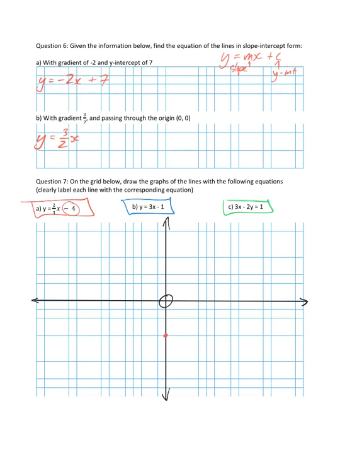So, it goes across by 3, 1, 2, 3, up by 2 every time. So, line A goes through those 2 points. Like that.